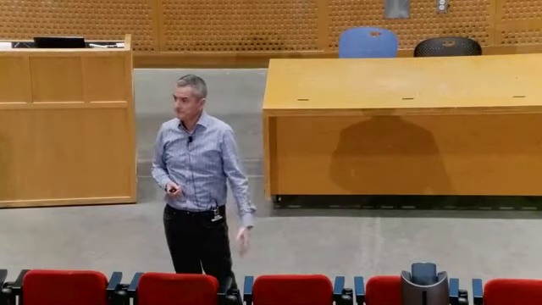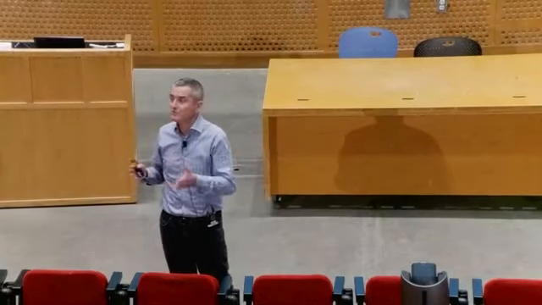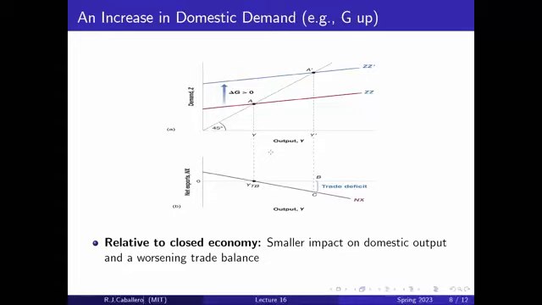Why is that? Why is the last part true? Why not as much as it would have been in the closed economy? Well, you can read it here. It's because part of that extra demand for consumption will go to foreign goods. So it will not come back to demand more domestic production. Okay?